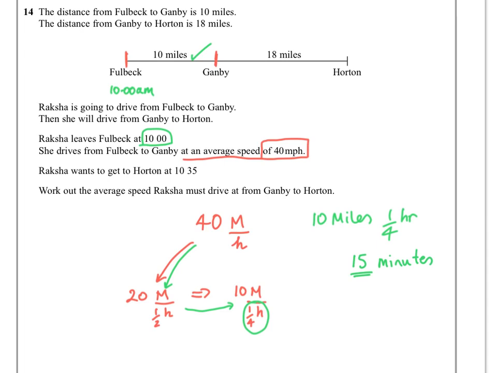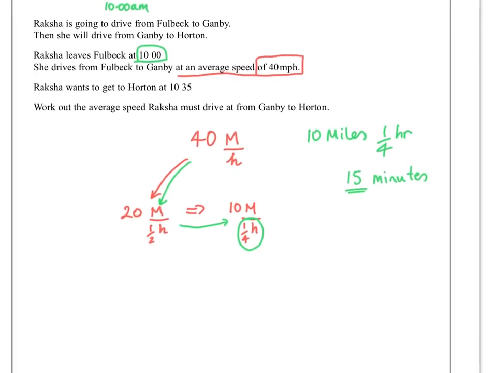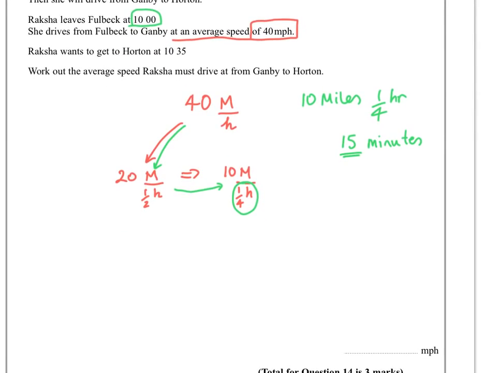So basically from 10:15 to 10:35 is 20 minutes remaining, and has got to go 18 miles in 20 minutes. So if you have to go 18 miles in 20 minutes, well, that's miles per minute, but you want to convert it to miles per hour.